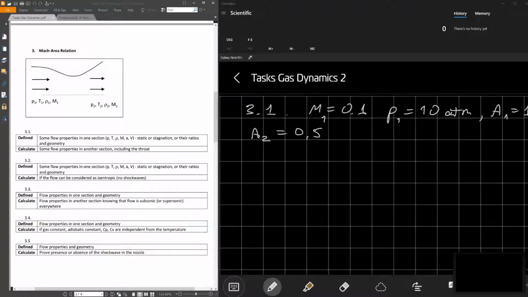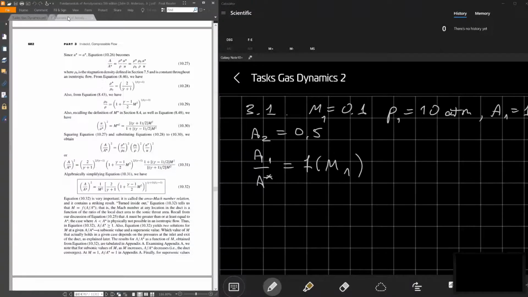Let's see this calculation here. First of all, we are calculating the reference area, the throat area. A1 divided by A asterisk is some function of Mach number 1. As you know from the Anderson book, this is called the area-Mach number relation, presented here in formula 10.32, area ratio and Mach number at this defined area.